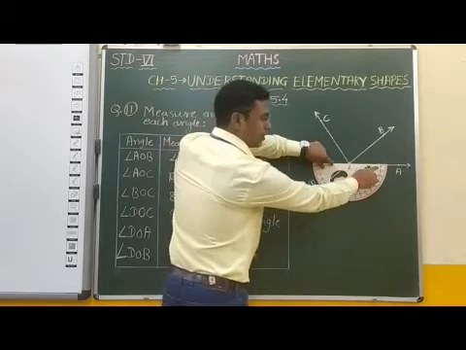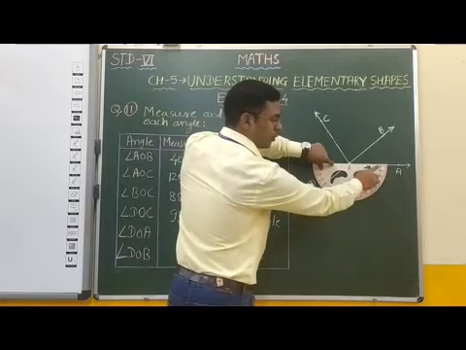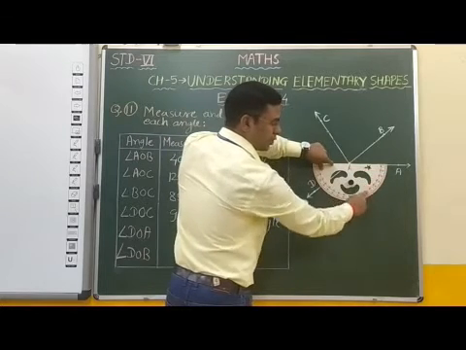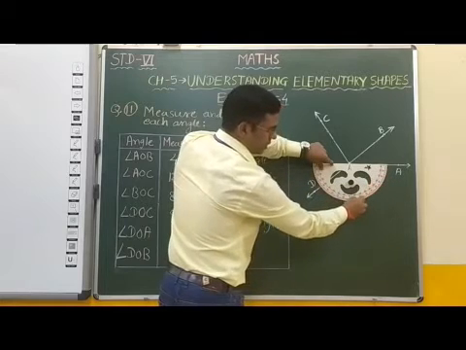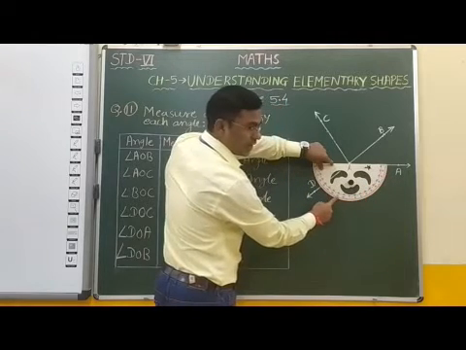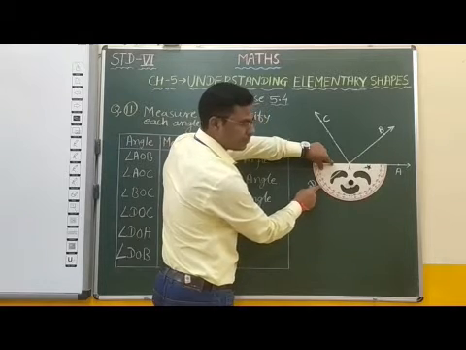Now, the baseline or this base arm is OA. Therefore, we count from this 0. 10, 20, 30, 40, 50, 60, 70, 80, 90, 100, 110, 120, 130 and 140.